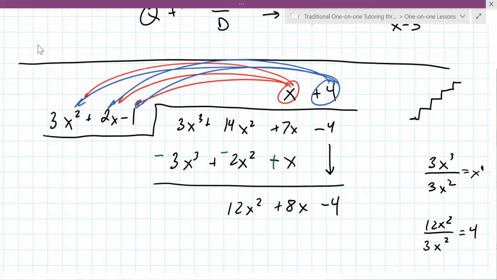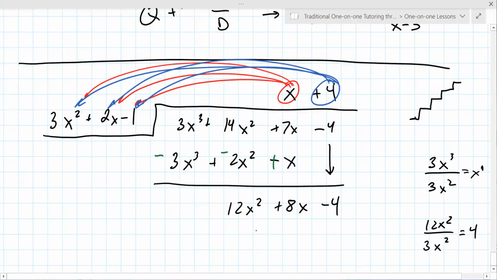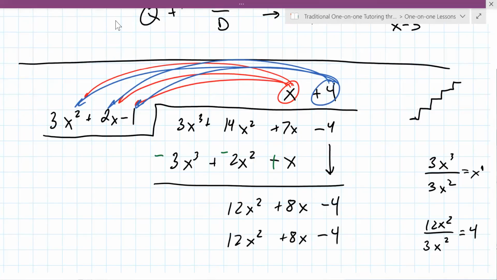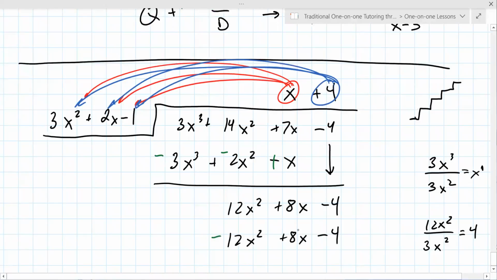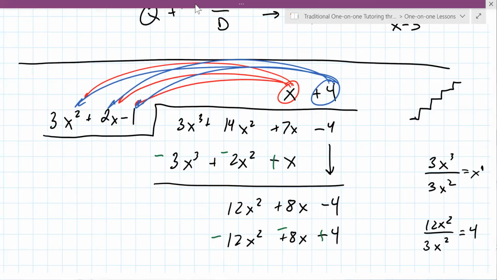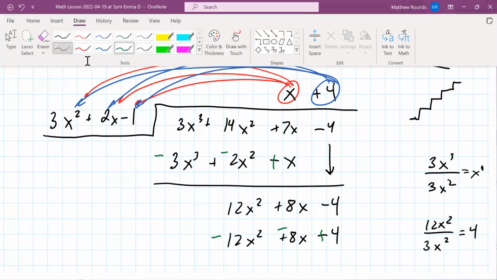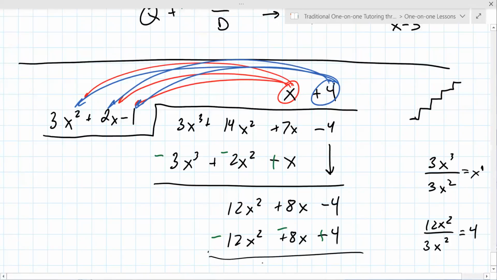It's rinse and repeat. 12x squared plus 8x minus 4. Again, very important that you change the sign. If you don't change the sign, you may see something that doesn't work because that first term won't cancel. But you can see these actually all cancel. So this has a remainder equal to 0.